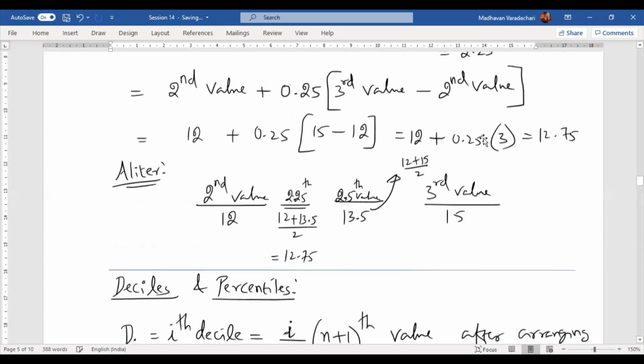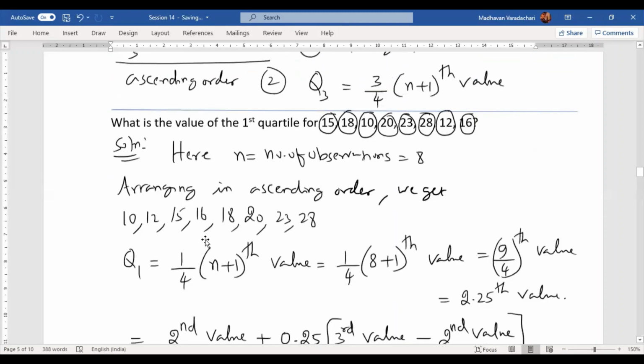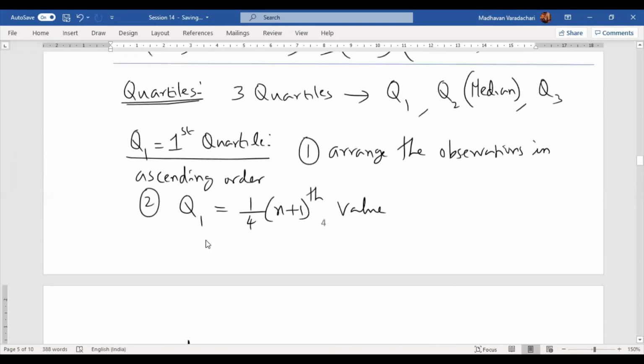Whereas in quartiles, if I write it generally, instead of writing Q1, Q2, Q3, I can also write it as Qi. Qi is i by 4 times (n plus 1)th value. So here i is ranging from 1, 2, and 3.